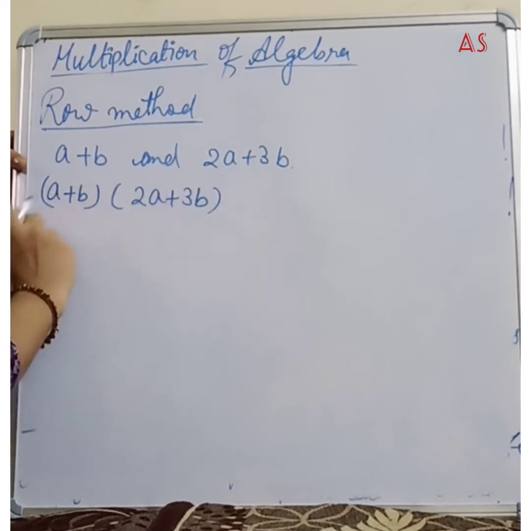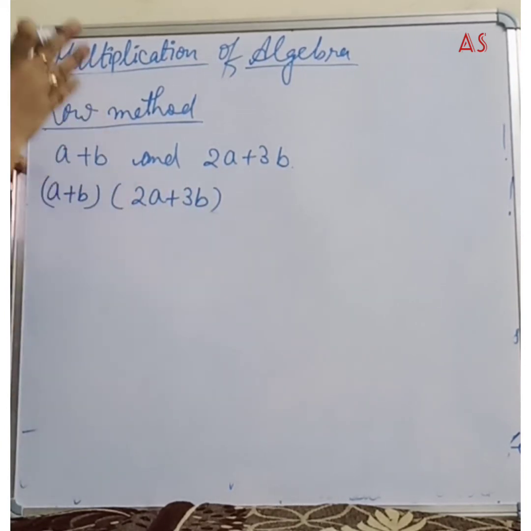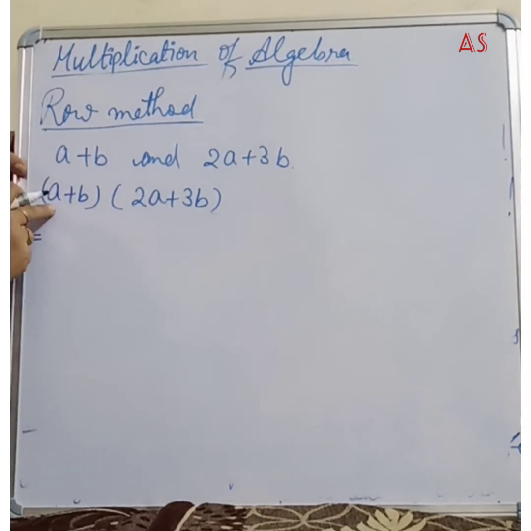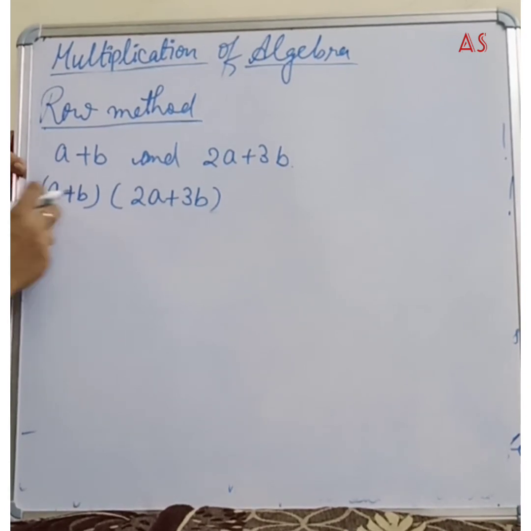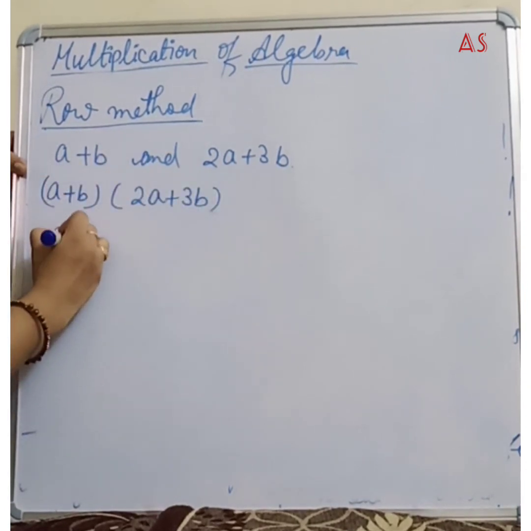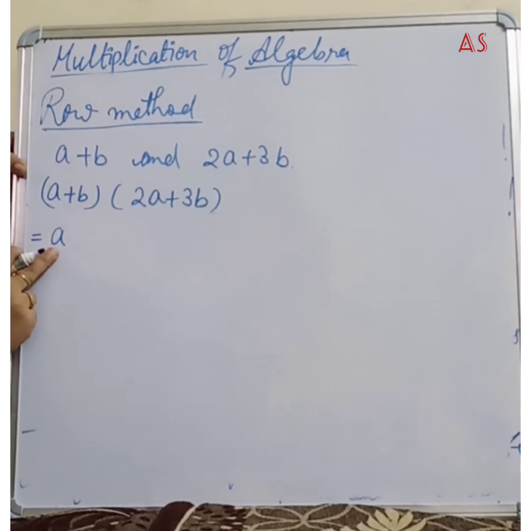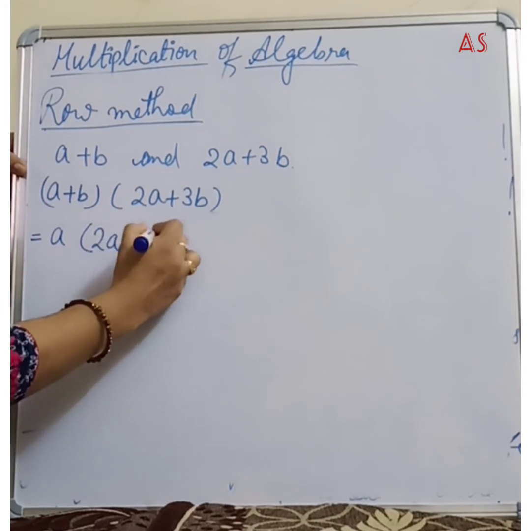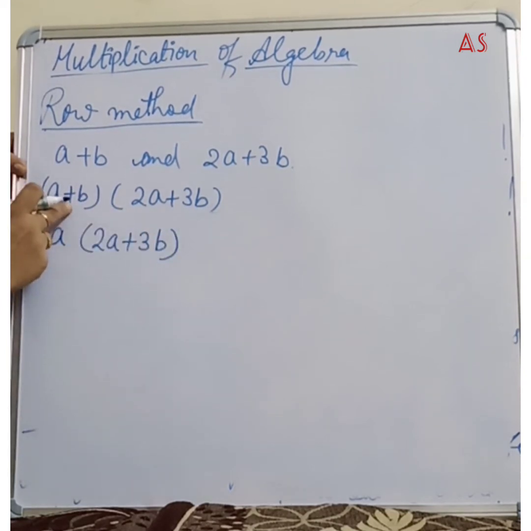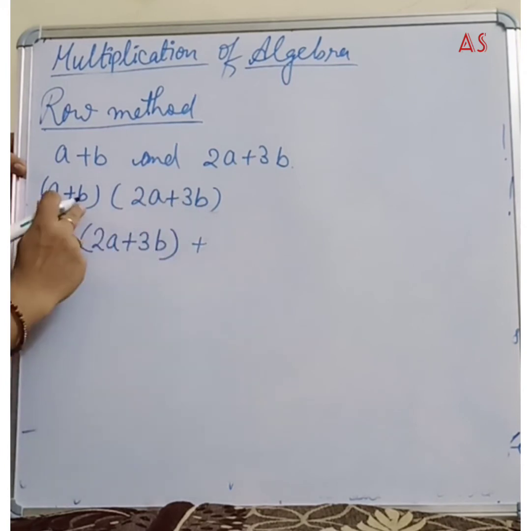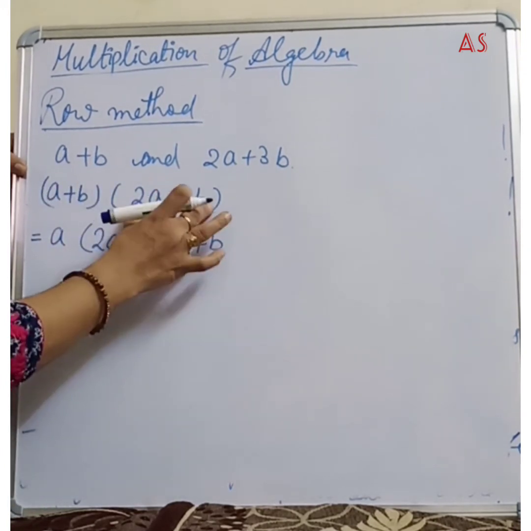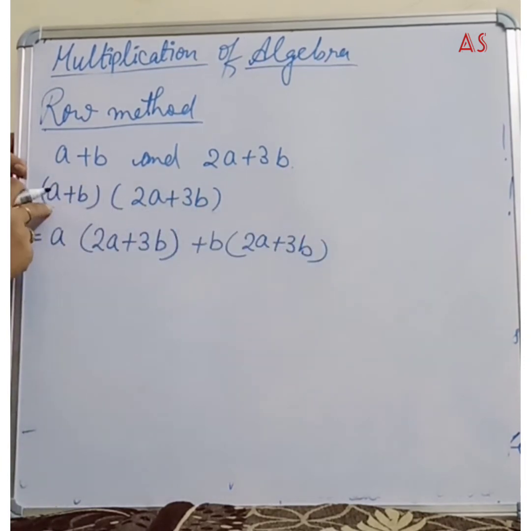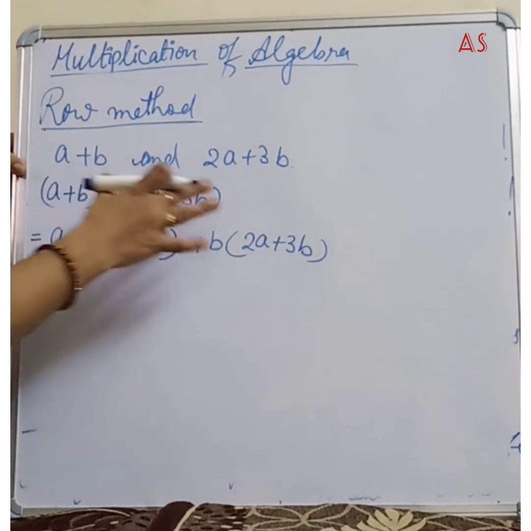Row method means in a single line, line by line we will solve. Column method in different way. So firstly now, first term multiply with both. So you write a, first term is a and second part is 2a plus 3b. This way we write. Now after a what sign? Plus, then b, then second part we will write here also. Meaning is same. Firstly we will multiply a with both part, then plus b with both part.